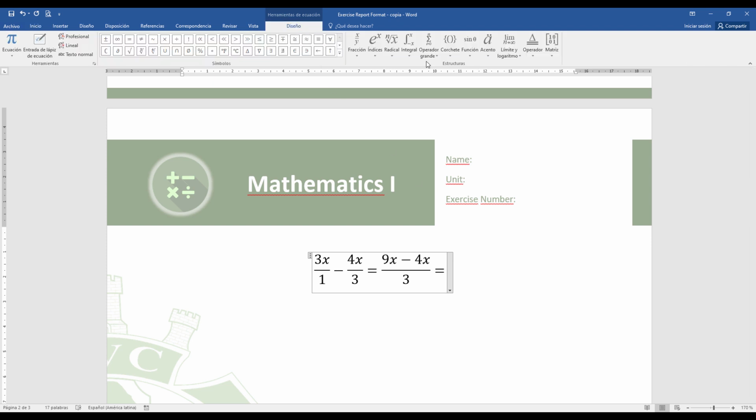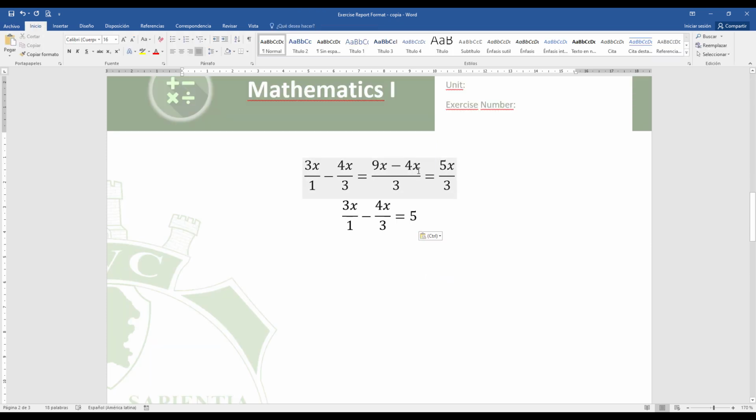Equals 5x divided by 3. So now you need to replace that here, and you need to clear that value. In that case it is 5x.